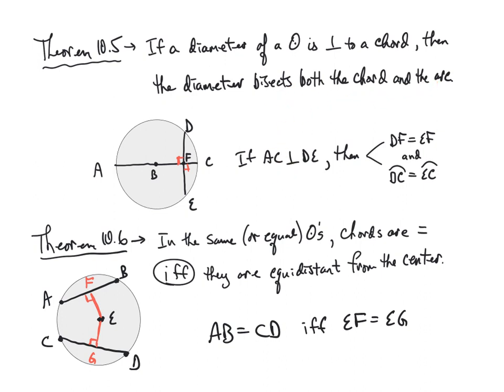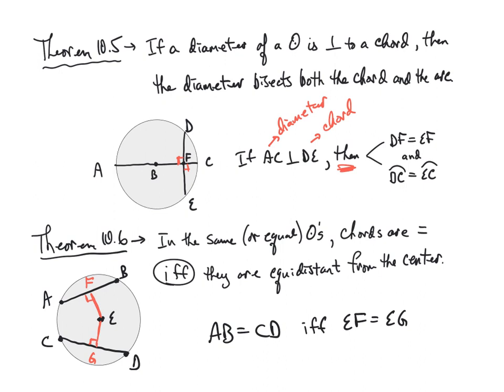So if the diameter AC is perpendicular to a chord DE, then the chord gets bisected, so segment DF and segment EF are equal, so that's the first result. And then also arc DC and arc EC are equal. So both of those things are going to be true when a diameter is perpendicular to a chord.